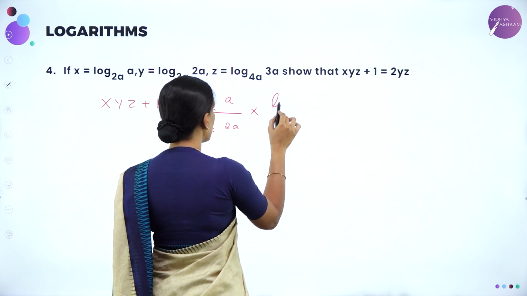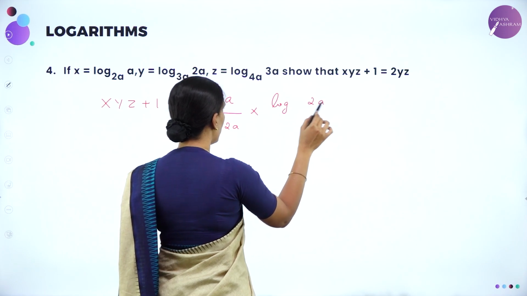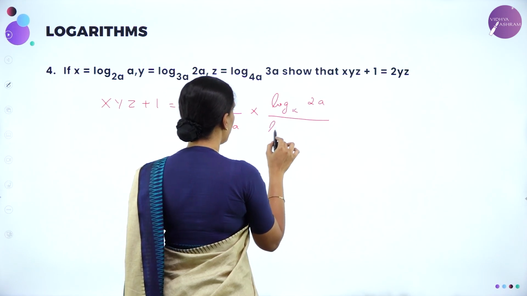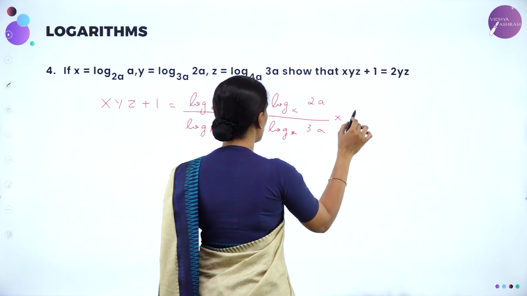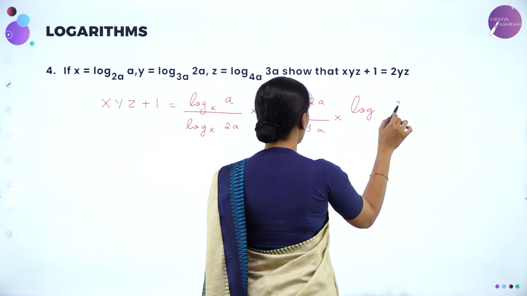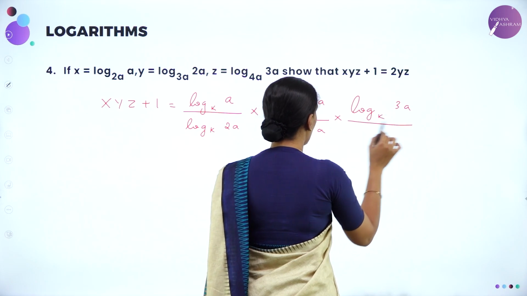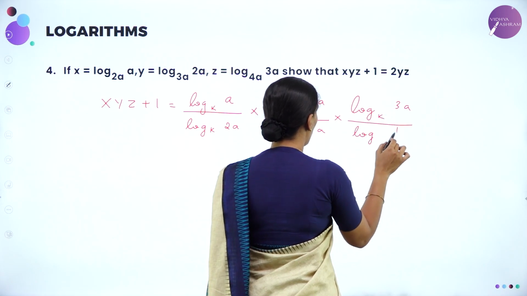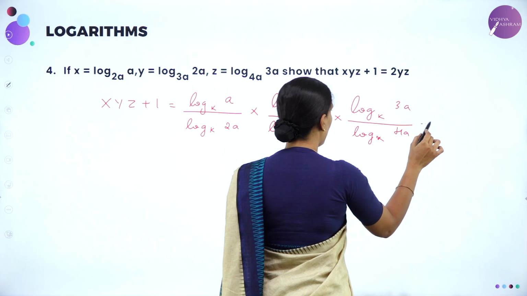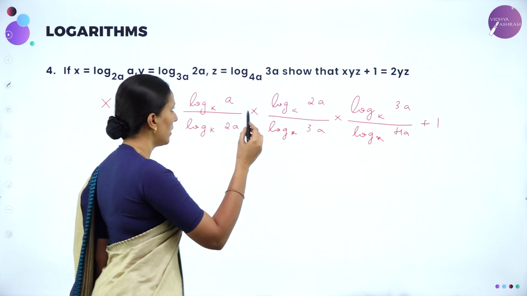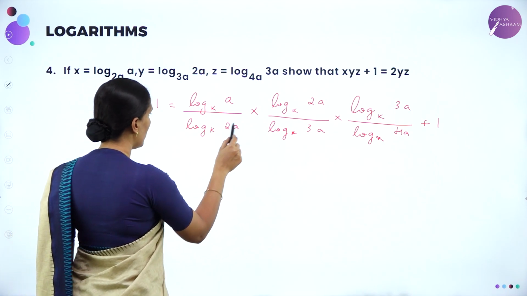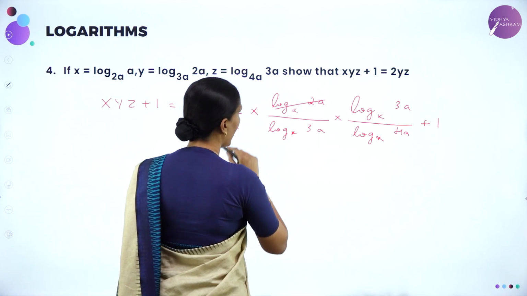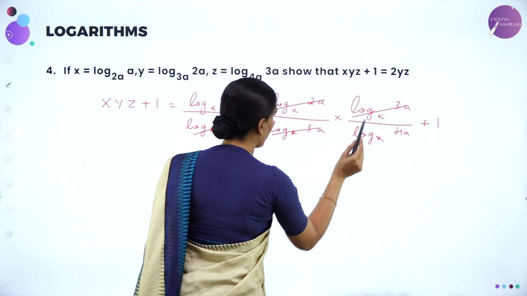Next I'll write this as log 2a to base k divided by log 3a to base k, into log 3a to base k by log 4a to base k, plus 1. So we have x into y into z plus 1. Now here we can cancel log 2a to base k and log 3a to base k.